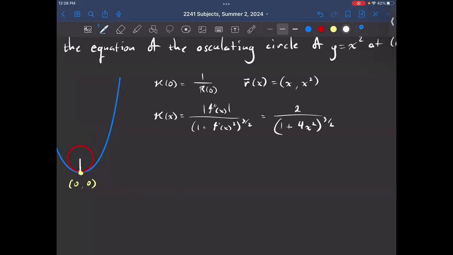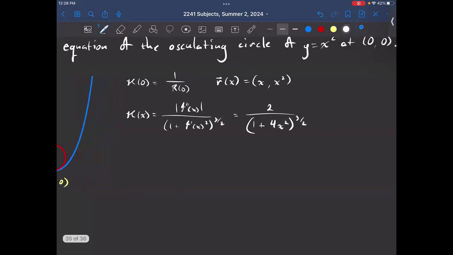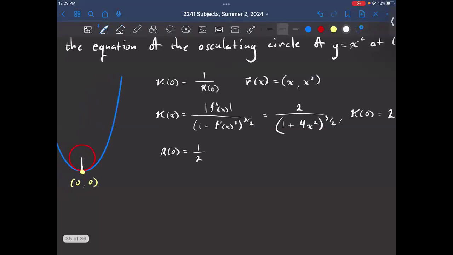And we need the curvature at 0. Okay, so kappa of 0 was 2. So our osculating circle radius, R0, is 1 over 2. Okay. So we now have our radius of this circle, which is right here, R0.